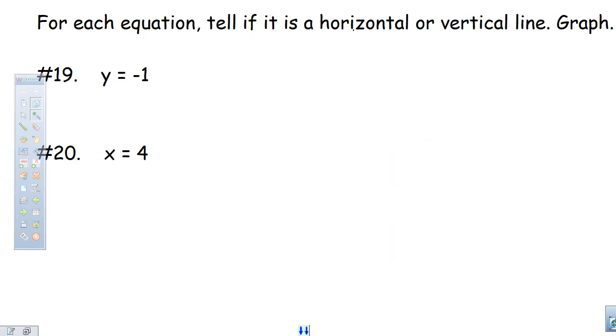All right, flip to the next page. This is the last piece we're doing today. And I want you to go ahead and tell if each is horizontal or vertical and graph.